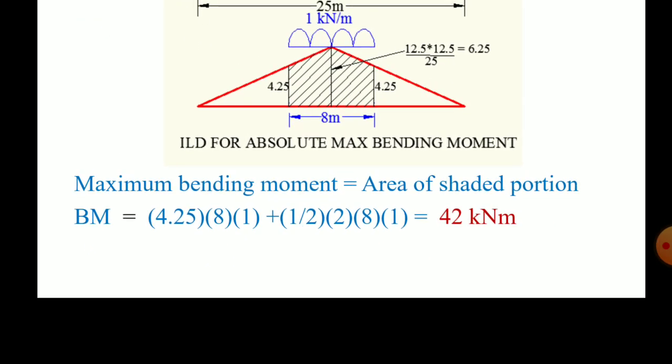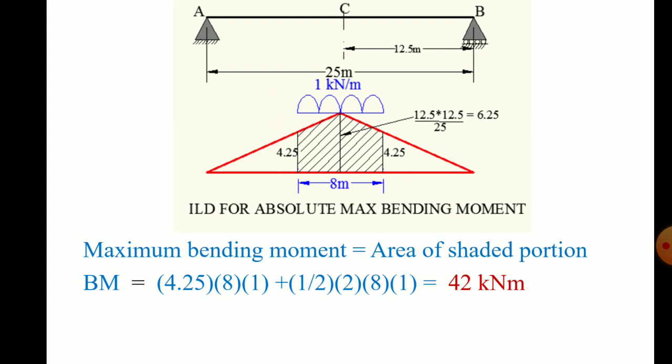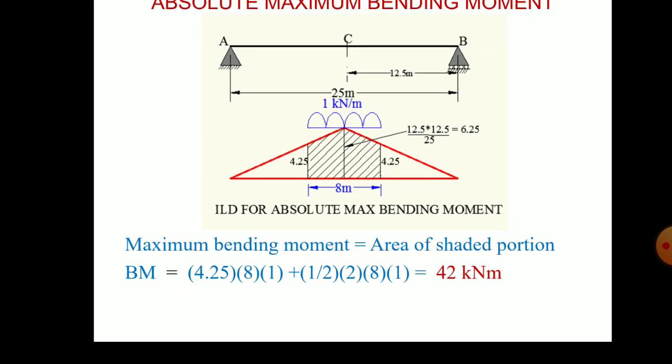Maximum bending moment will be equal to the area of the shaded portion, that is 4.25 into 8 into 1, plus half of base 8 into ordinate 2, that is 6.25 minus 4.25, into 1. That is 42 kilonewton meter.